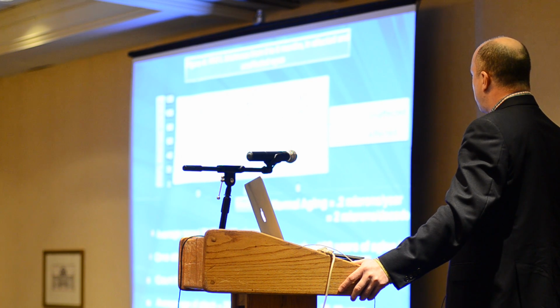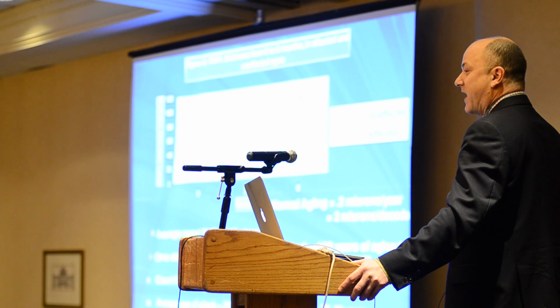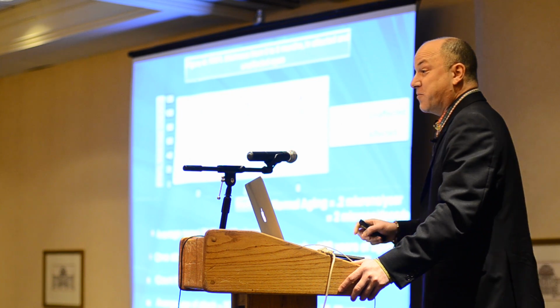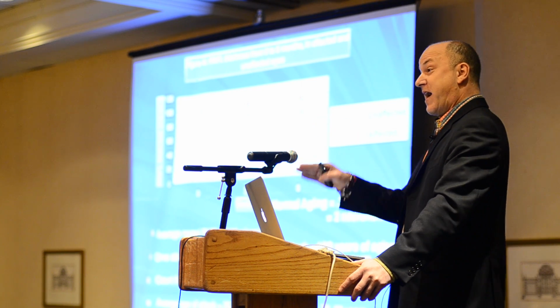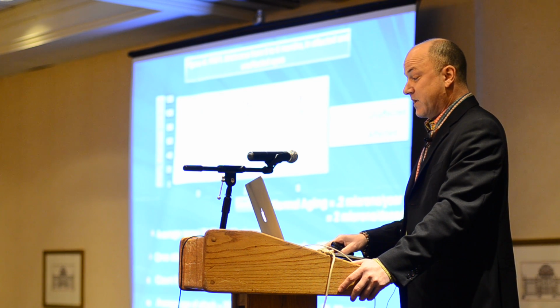Normal aging, 0.2 microns we're losing per year, 2 microns per decade, okay, so 100 years of aging is going into one attack of optic neuritis. The idea is if you're at 80 microns and another 40 microns gets you down to levels of blindness, we need to preserve a whole bunch of nerve with neuroprotection to make sure that you don't have on your natural slippery slope a drift into vision loss.